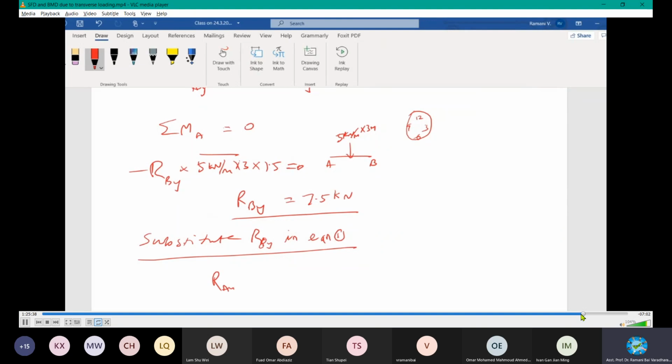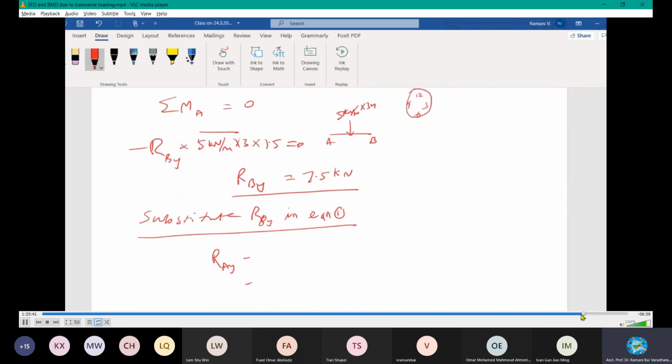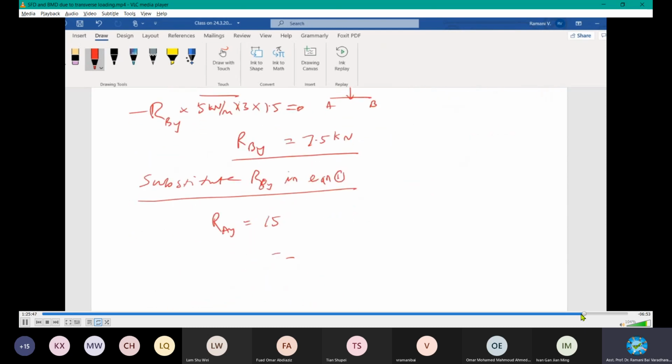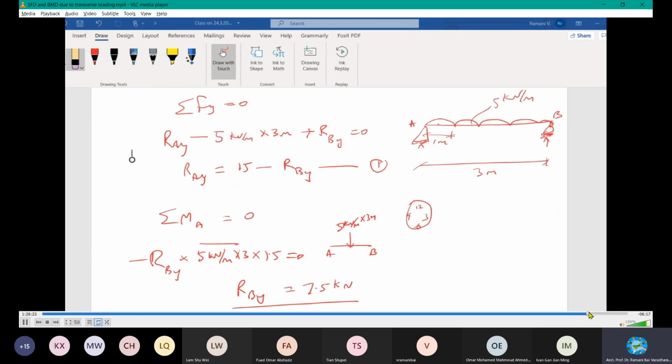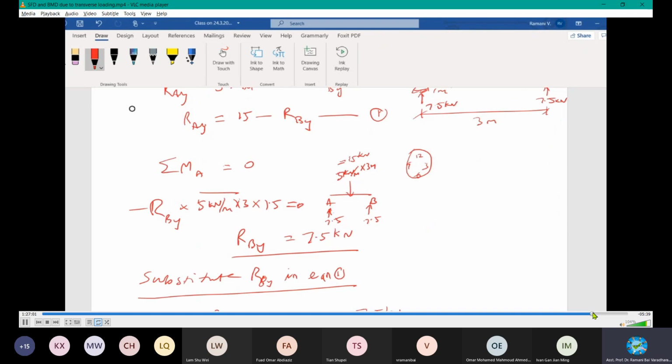RAY is equal to 15 minus RBY 7.5, which is 7.5. So 15 downward is equal to 15 upward. With that, the member is balanced.